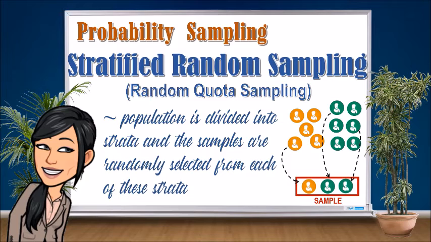And then the elements are randomly selected from each of these strata. We need to have prior information about the population to create subgroups. This sampling method is also called random quota sampling.